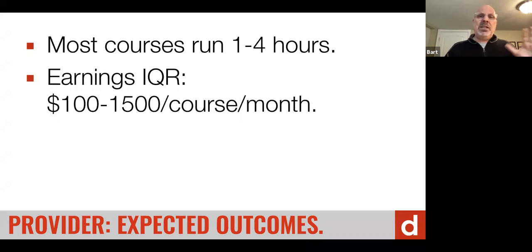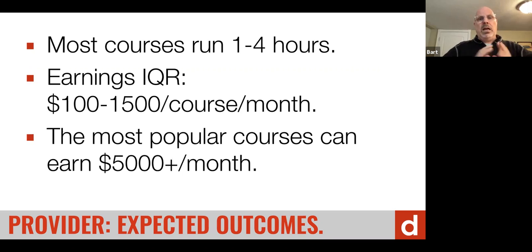The middle 50% of courses will get somewhere between $100 and $1,500 per course per month. Obviously, 25% will be lower than that, and there's going to be 25% where you've got outliers that shoot way up into the high end. The most popular courses, in the top 5%, can earn $5,000 or more per month, but that is unusual.